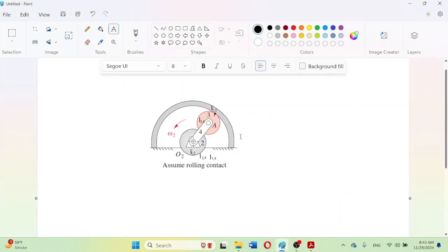Here we can observe that this contact point between link number 3 and link number 2, behind this bar, is actually the same velocity contact point.